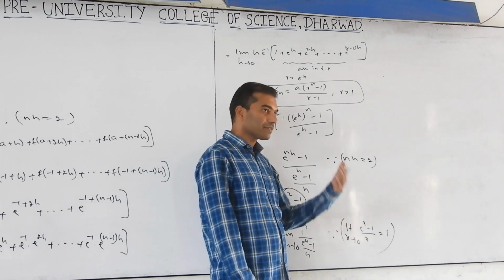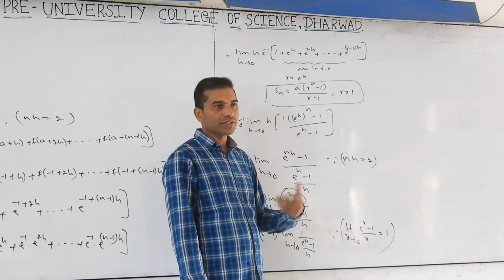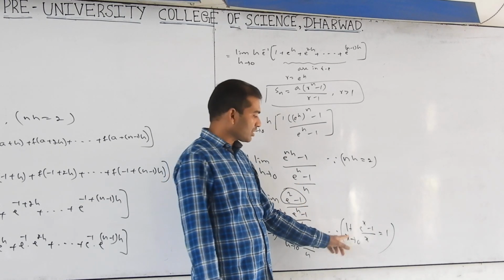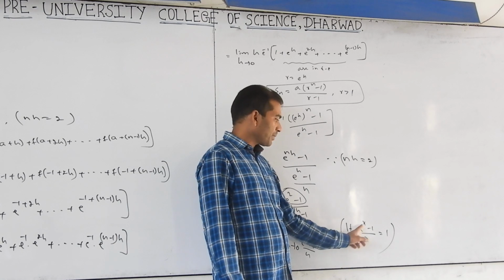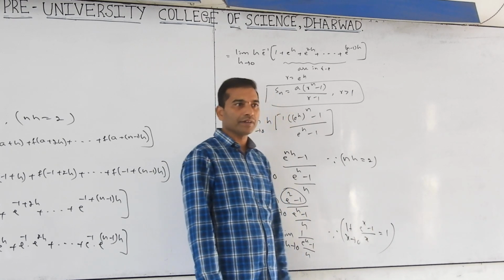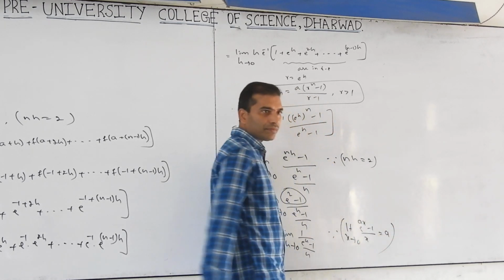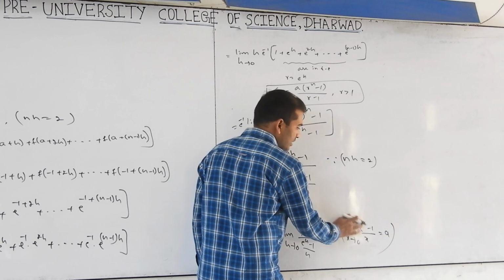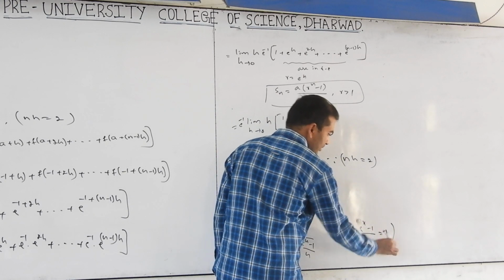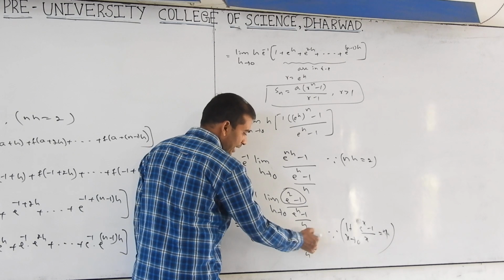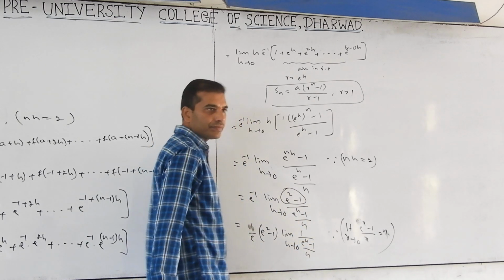Limit x tends to 0, sin x by x is 1. Limit x tends to 0, tan x by x is 1. Like that, this is the standard formula. Limit x tends to 0, e power x minus 1 by x is equal to 1. That's what we get here.